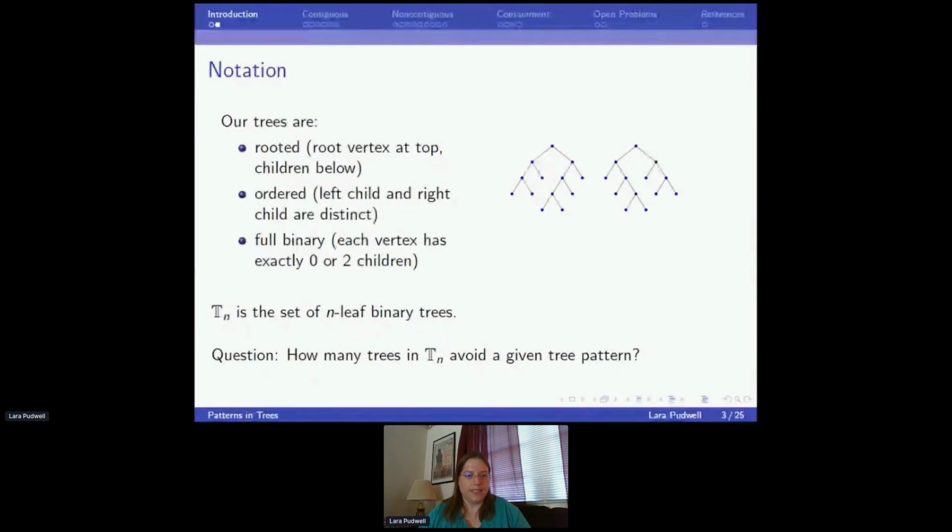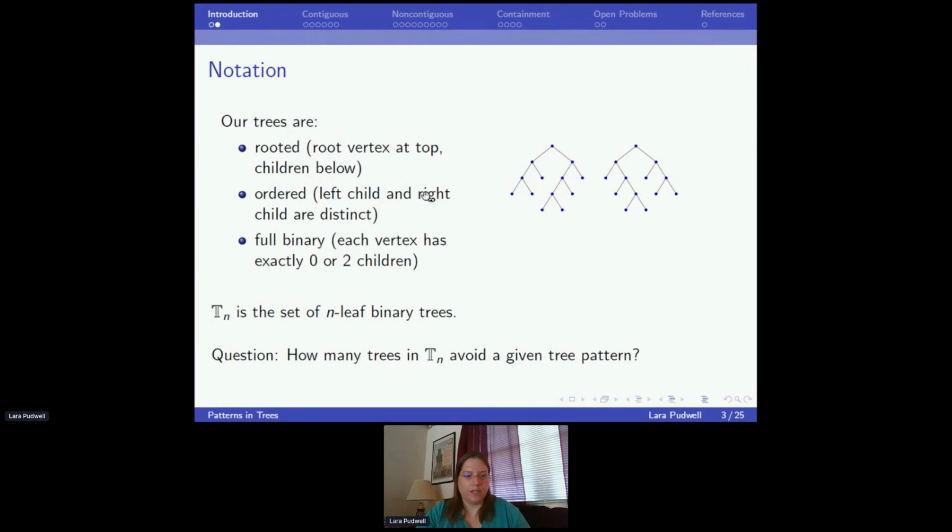So rooted means that there's a special vertex at the top of the page, and then the children are below it. So the root at the top of the page is more of a family tree kind of word than an ecology tree kind of word. But that basically means I can tell the difference between up and down when I draw these trees. When I say they're ordered, that means I can tell left and right apart.